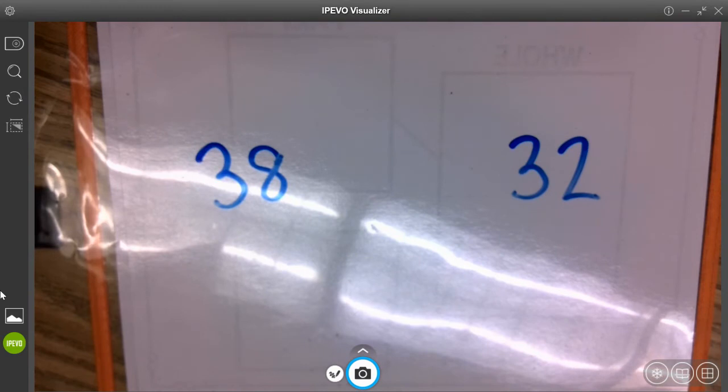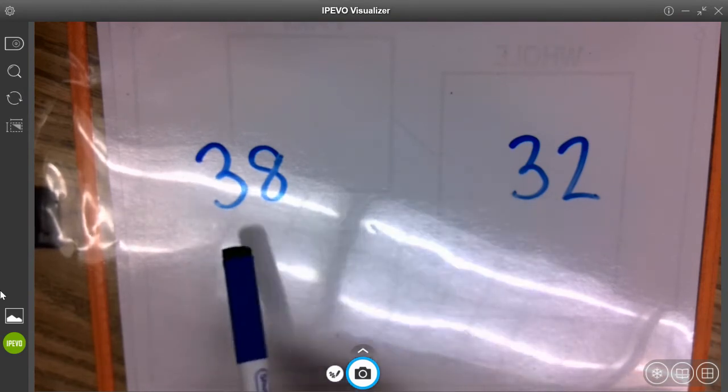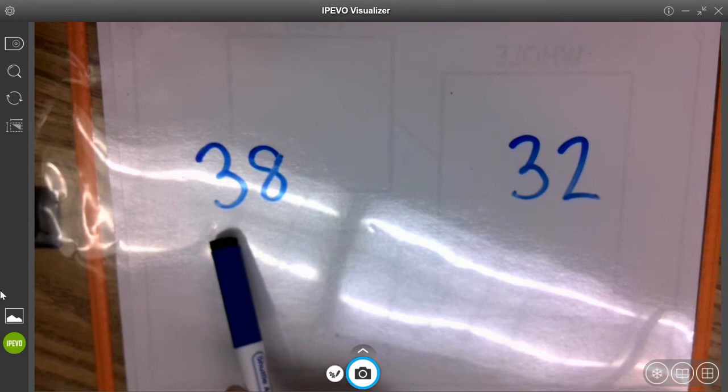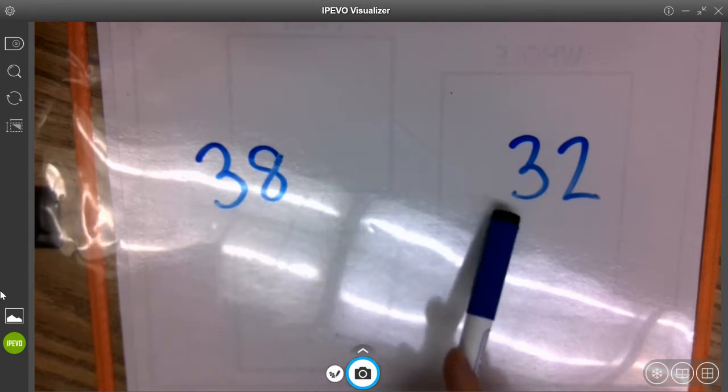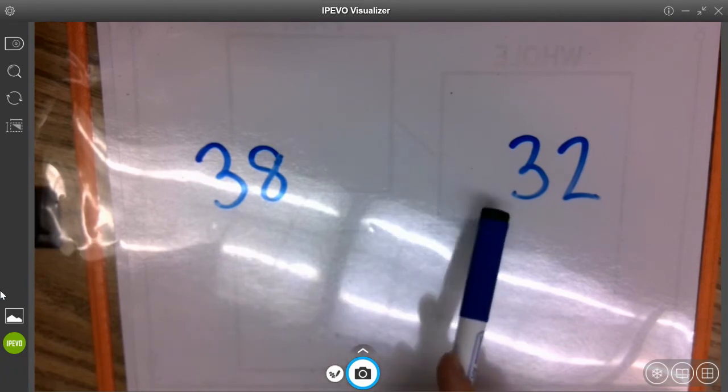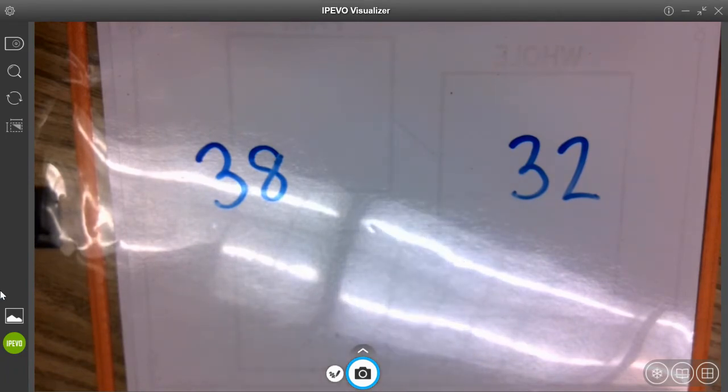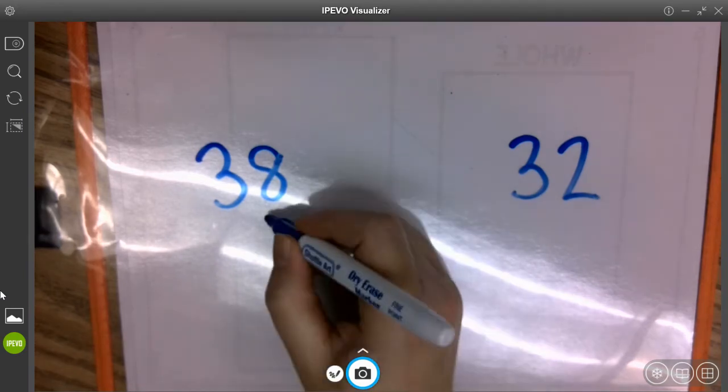I start comparing both the tens. What do we see? They're the same. So what does the song say? If they are the same, I turn my focus to the ones, comparing once again.